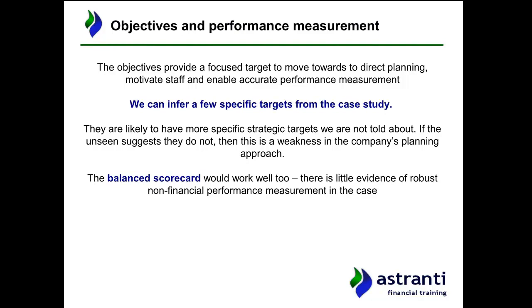And from the case study, we can infer a few specific targets. Okay, one is their commitment to high quality raw materials in the purchasing stage. This ensures the quality of their product all the way through, and it actually says in the pre-seen that in many cases their raw materials are purchased based on quality, with cost being a lesser factor.